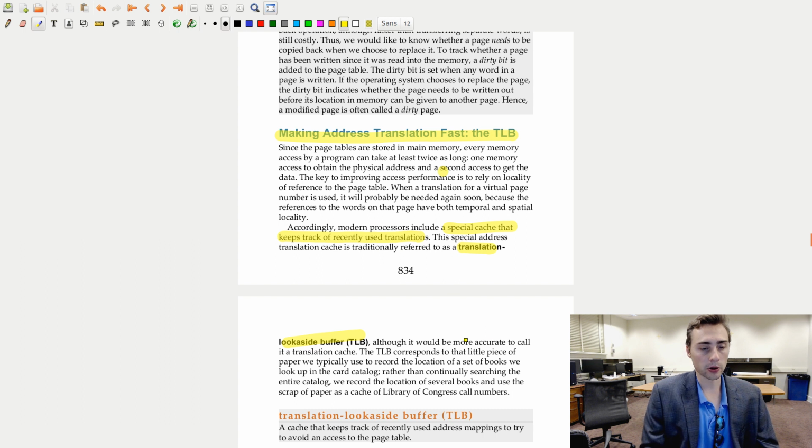Although it would be more accurate to call it a translation cache because it stores translations, not the data. We're not going to have a cache storing a bunch of 4K pages in it. We're just going to store the translation. So the TLB corresponds to that little piece of paper we typically use to record the location of a set of books, back to our library analogy.